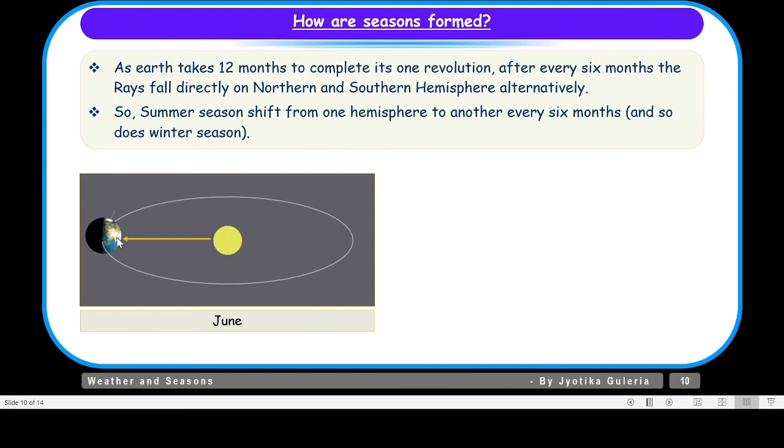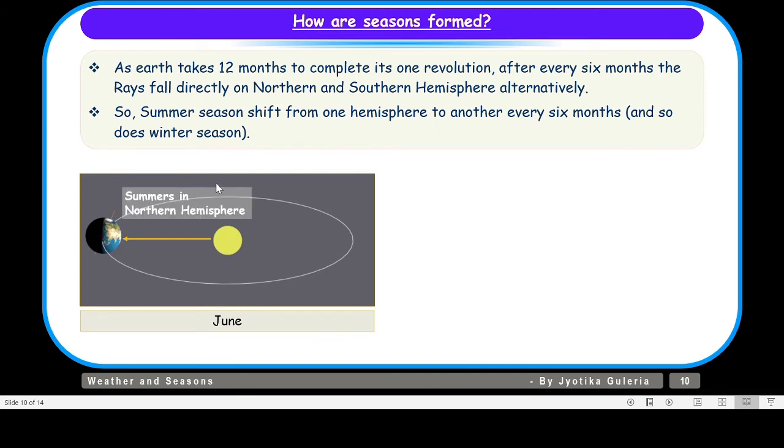In the month of June, the northern hemisphere is tilted towards the sun. That means the rays of the sun will fall more directly on the northern hemisphere as compared to the southern hemisphere. Therefore, the northern hemisphere will experience the summer season.